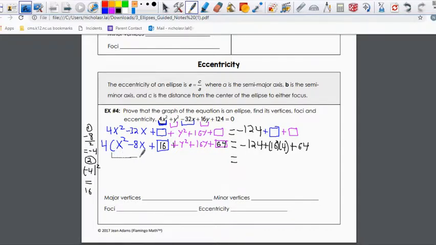This term will factor into 4 times x minus 4 squared. It's going to be x, the variable, and then you're adding whatever was your first term from completing the square.